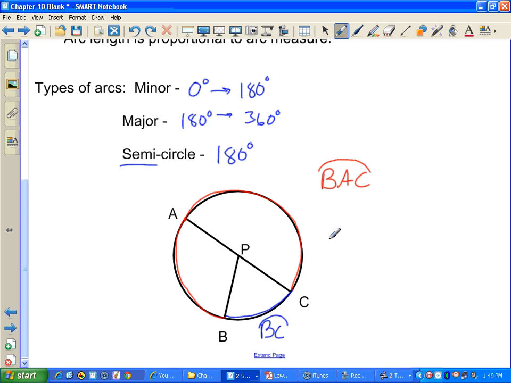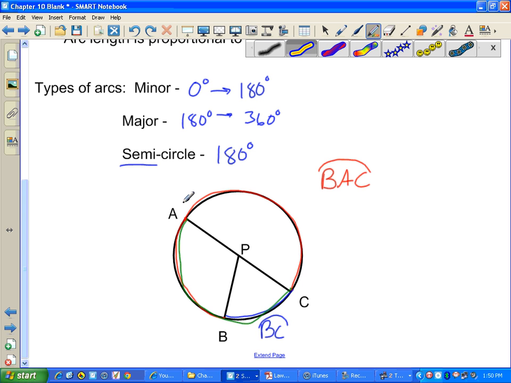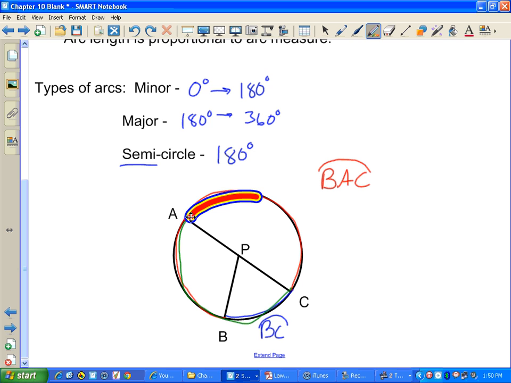If I want to talk about a semicircle, I just need 2 letters for that because it's, no, actually I need 3 because there's 2 half circles on here. I could be talking about this green one, or I could be talking about this one. So the green one would be ABC.